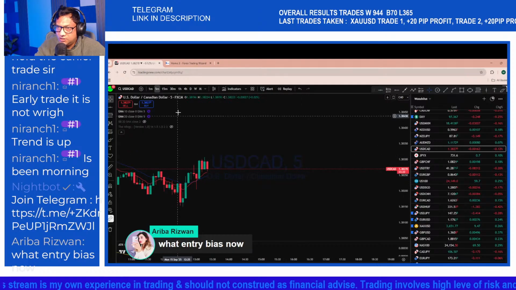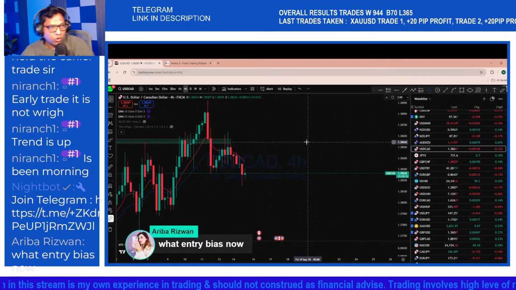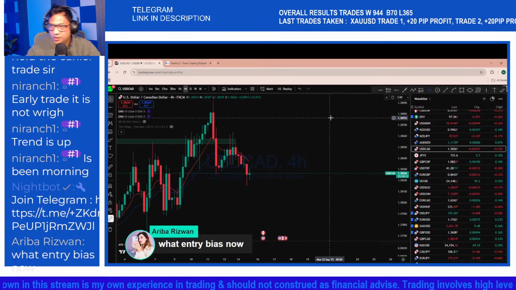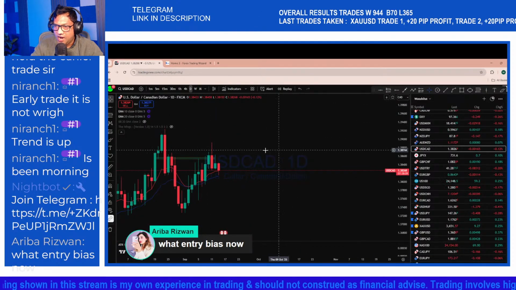We see that this is currently trying to push back again. So dollar CAD, we saw that with the dollar yen, dollar CAD is getting sharp rejection from this high.